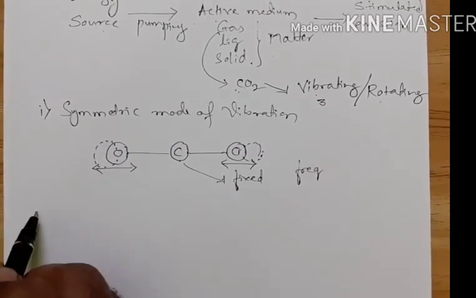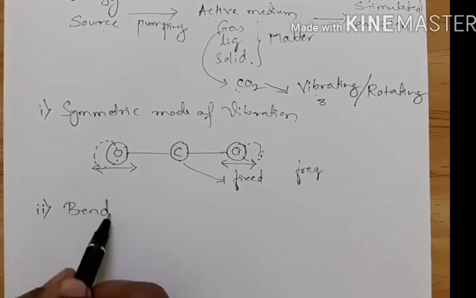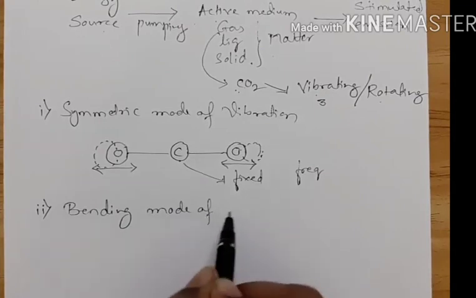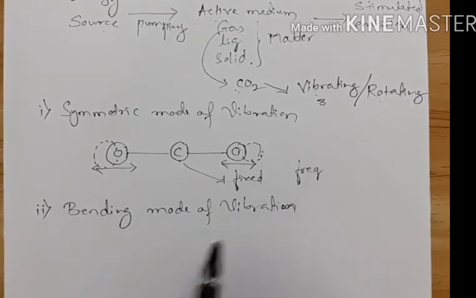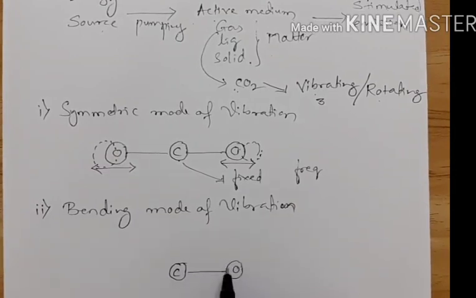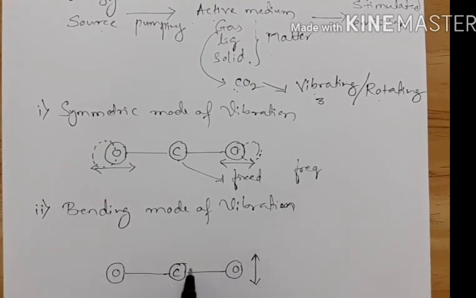The second one is the bending mode of vibration. Here we have the original position of the carbon and the original positions of the two oxygens, and all three atoms start vibrating perpendicular to the bond. The two oxygen atoms go up whereas the carbon atom comes down.